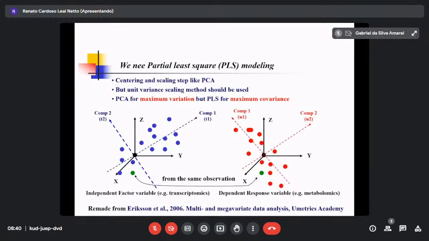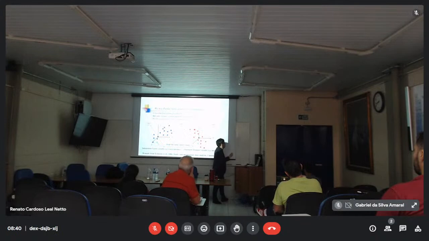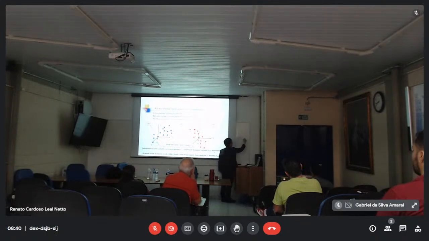the samples, for example, sample 1, sample 2, sample 3. Now, variable 1 here is mass data. And here is another variable, A, activity. So in the activity, here, classification.